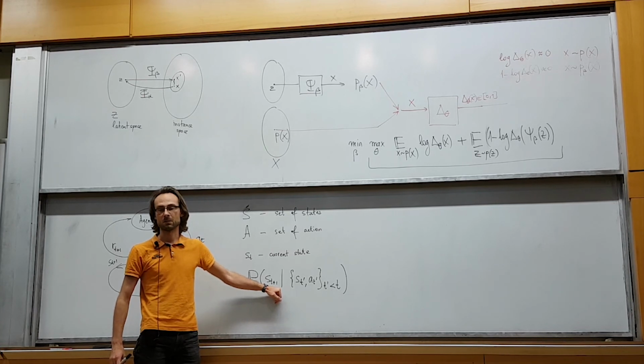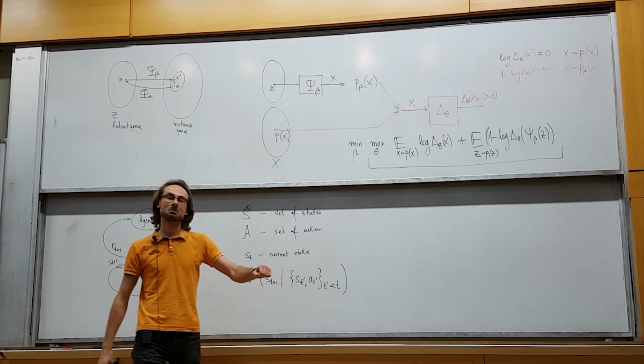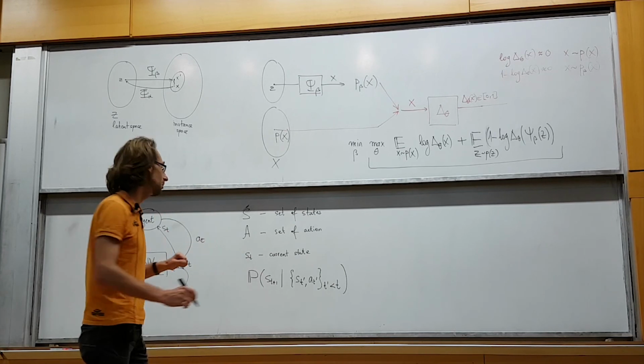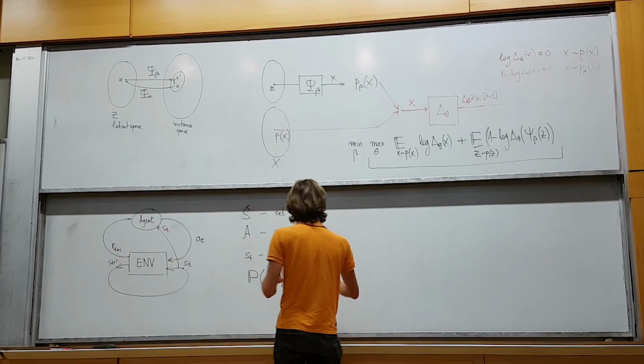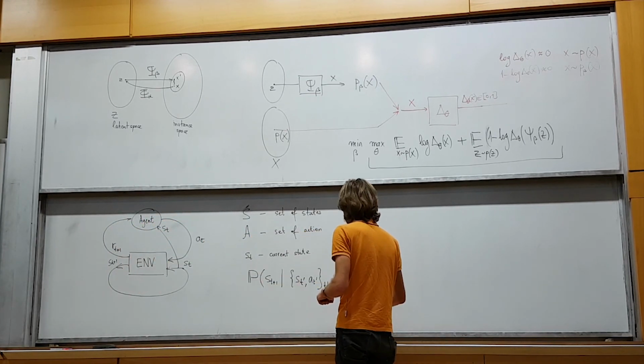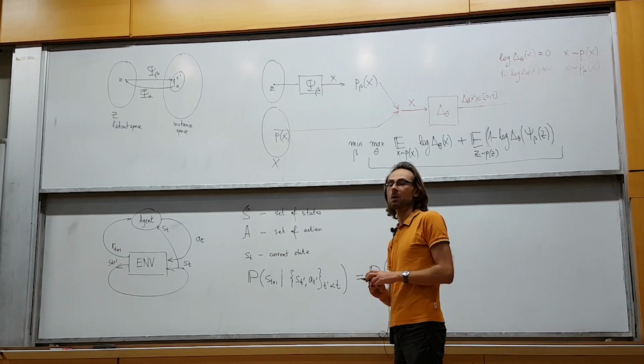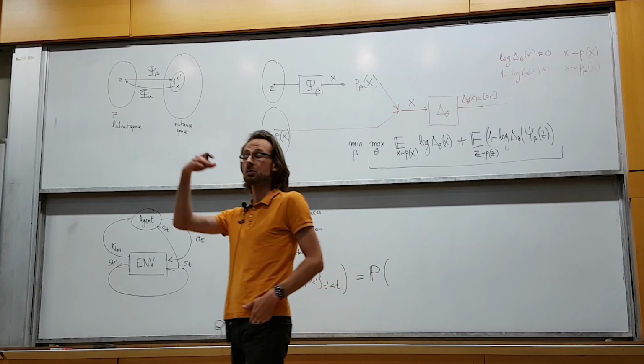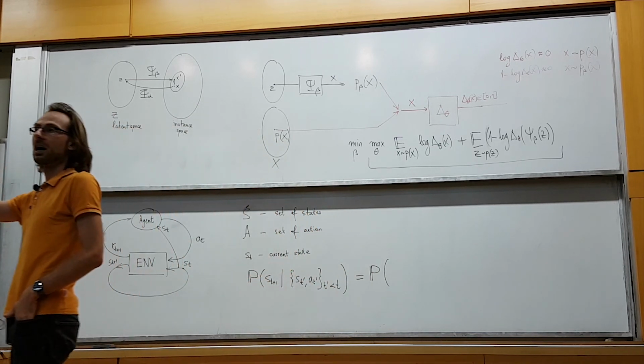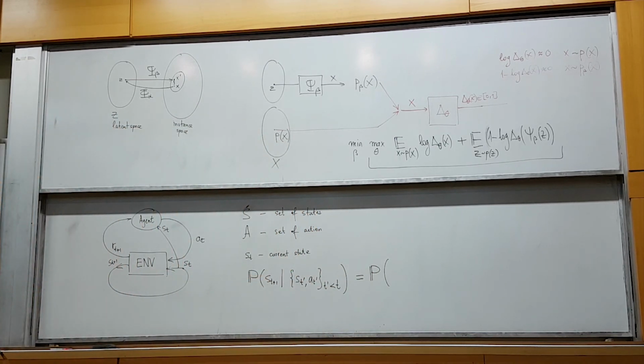Okay? Now, to simplify treatment, actually to greatly simplify treatment, I will assume what is called the Markovian property. The Markovian property simply tells that the conditional probability of the new state, conditioned on present and past history, only depends on the present and not on the past.